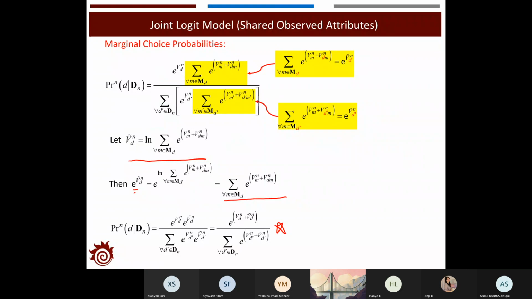Here, Vd tilde is the one we defined as the log sum term, so that we can simplify the calculation of the marginal choice probability. This log sum term is also very important for us to conduct the calibration of this joint logit model or the nested logit model.